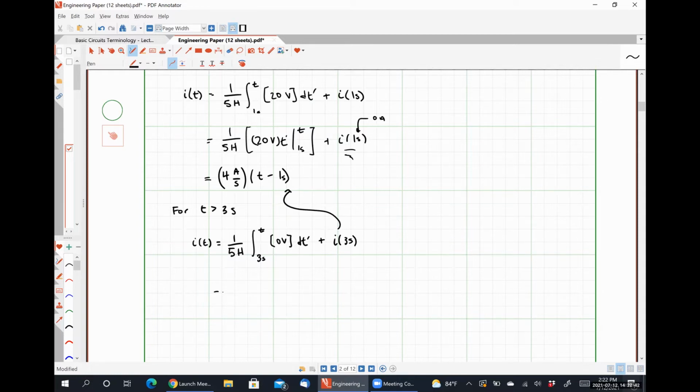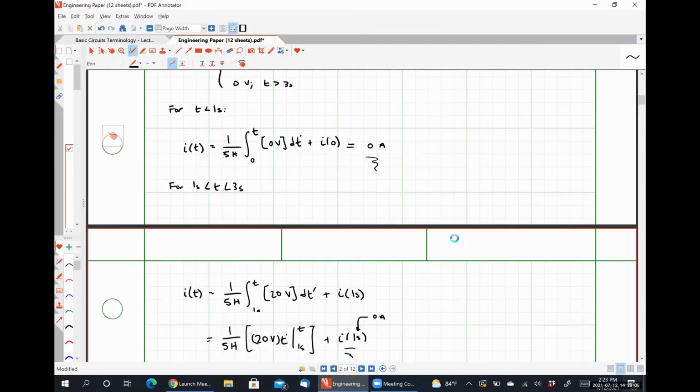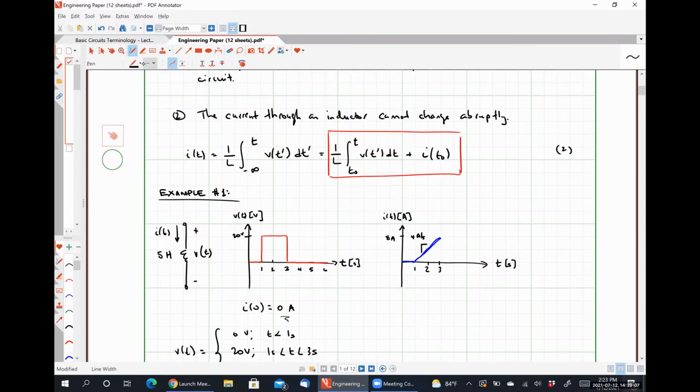So the integral part of it is obviously going to be 0 amps. When we evaluate our previous expression at exactly 3 seconds, we have 4 amps per second times 3 seconds minus 1 second gives us 8 amps. So we would observe that our inductor would carry a current of exactly 8 amps in perpetuity.